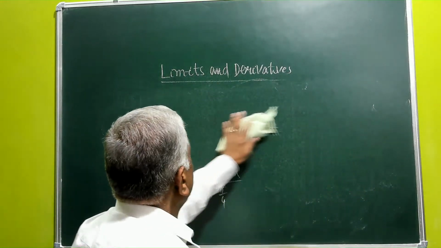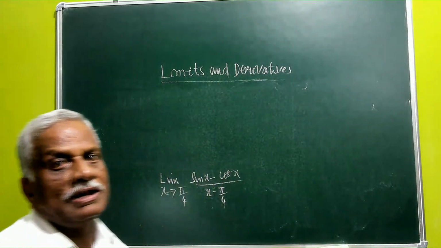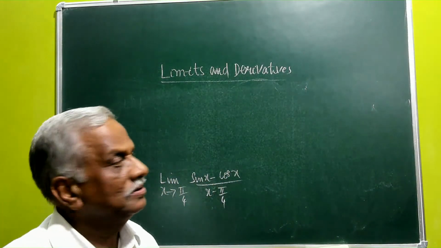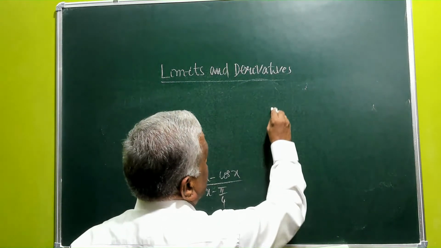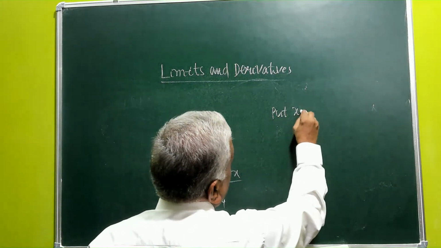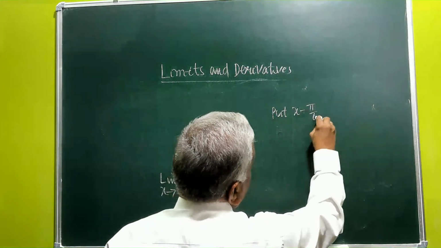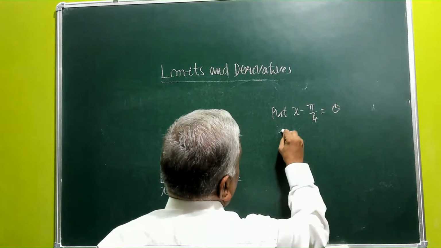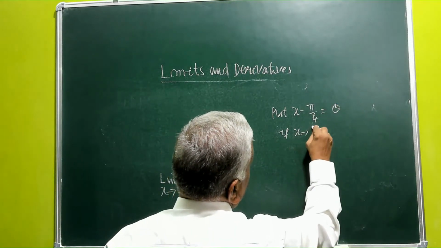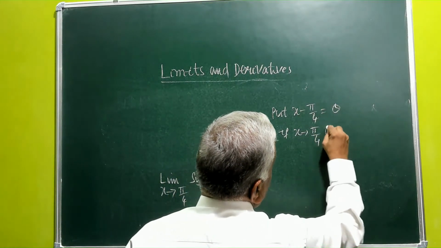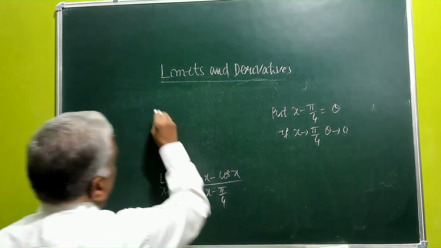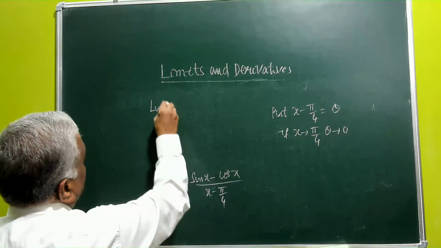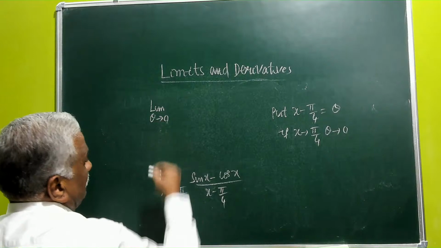The method for this is, normally you can play a game. Put the denominator equals theta. x minus pi by 4 is equal to theta. If x tends to pi by 4, theta tends to 0.